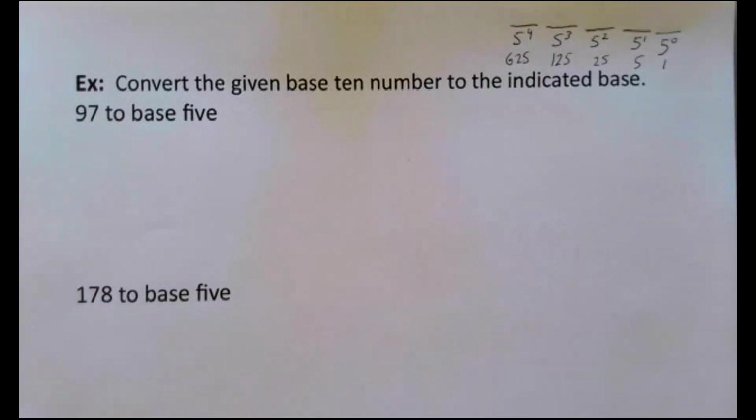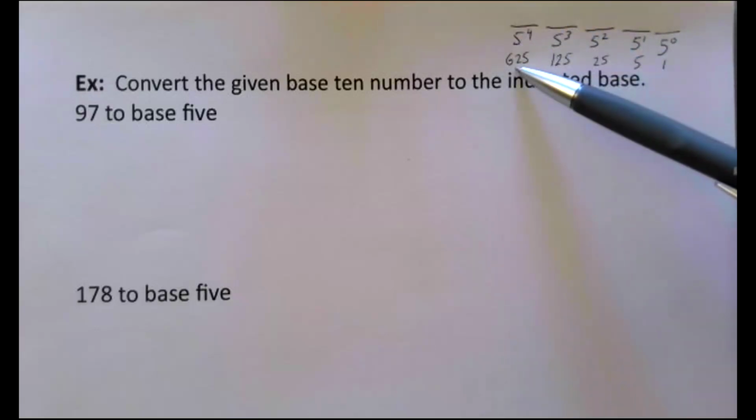So in my answer, when I convert something into base 5, whatever goes here tells me how many ones we have. That's the ones place. Whatever I put here tells me how many sets of 5s we have. Whatever we put here tells me how many sets of 25s we have, and so on.